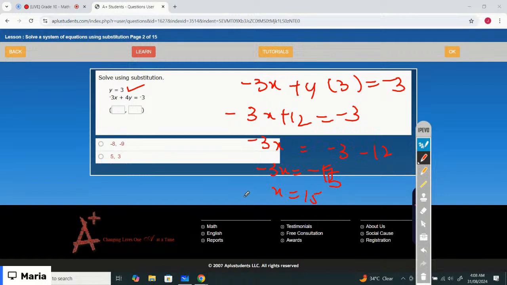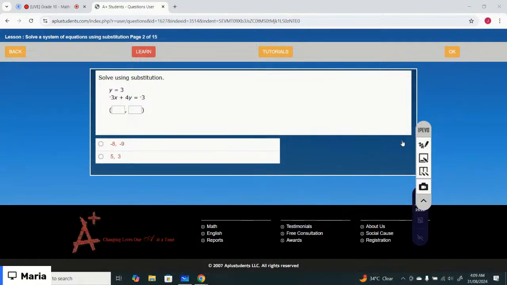So the correct option is: divide both sides by negative 3, x equals 5, right? So the correct option is 5 and 3. Option number 2 is the correct option. The correct option is option number 2.